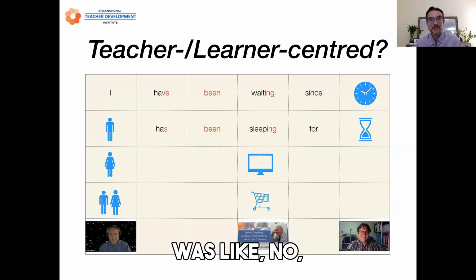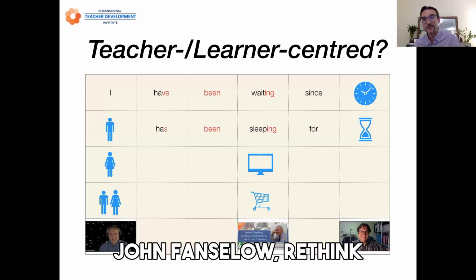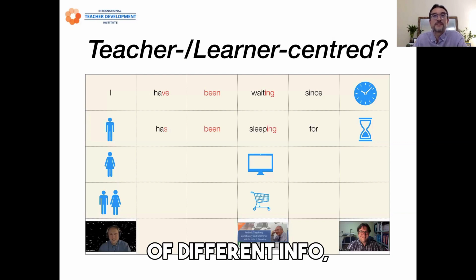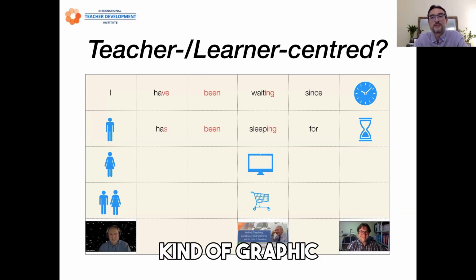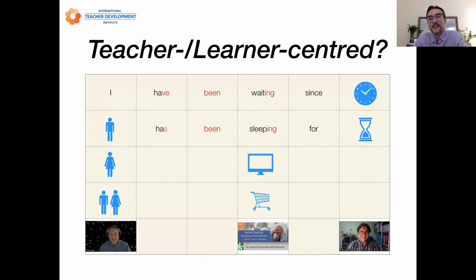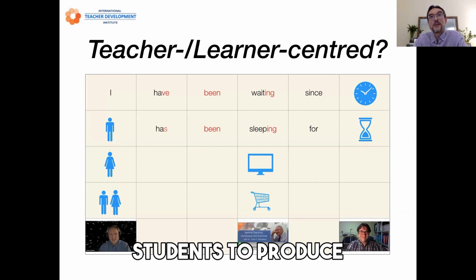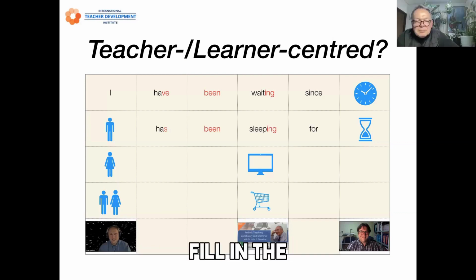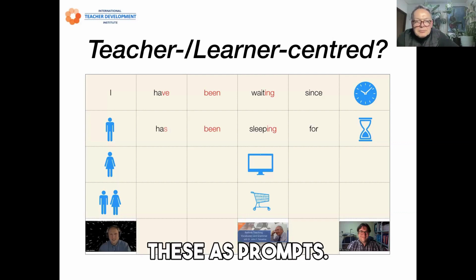And then Scott was like, no, actually, I got these from John Fanslow, Rethink Vocabulary and Teaching. But using different info, graphics and ideas to get students to produce sentences as well, fill in the blanks or use these as prompts.